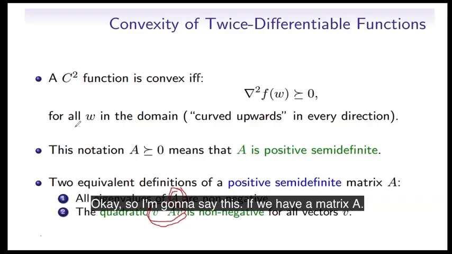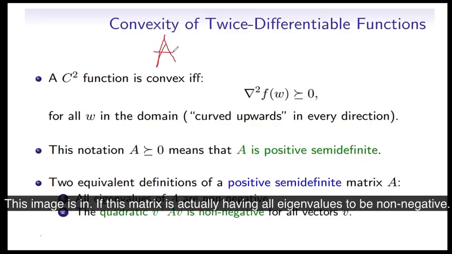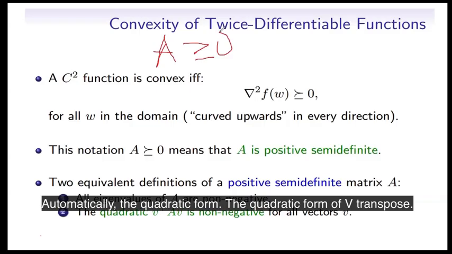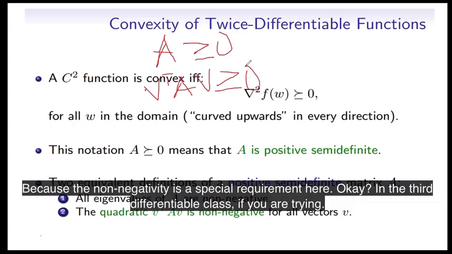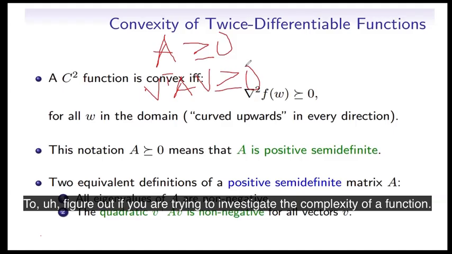So if we have a matrix A, and this matrix has all eigenvalues non-negative, automatically the quadratic form V transpose A V is also going to be non-negative, because non-negativity is a special requirement here in the second differentiable class, if you are trying to investigate the convexity of a function.